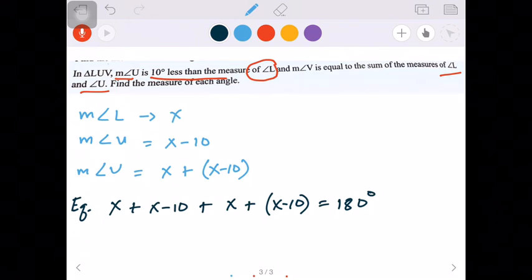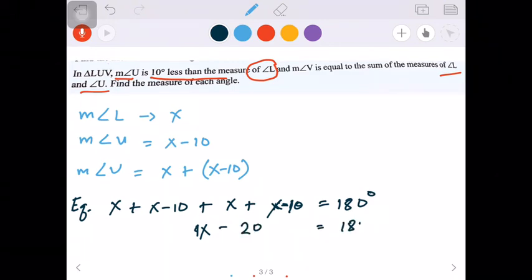So in my equation, I can combine all the x's. First, I remove the grouping symbol. Anyway, it won't matter because the operation is simply addition. So here I have 4x minus 20 equals 180. To simplify, 4x becomes 200, and x is equal to 50.